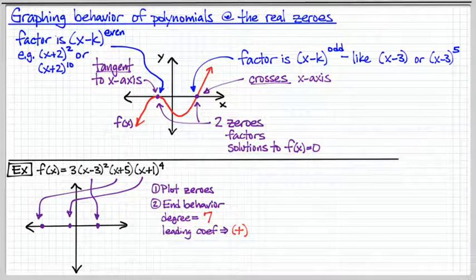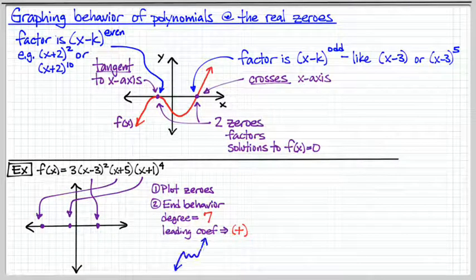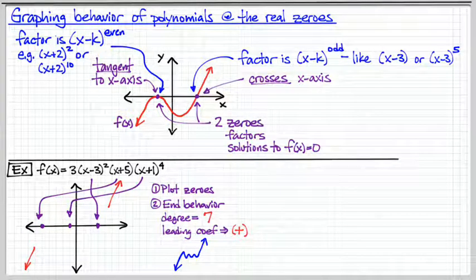We look at the leading coefficient, and our leading coefficient is positive, so this gives us the end behavior diagrammed like this. So we can sketch that into the graph right here. It's going to go down here and up here. How it behaves through here, we're going to figure out right now.